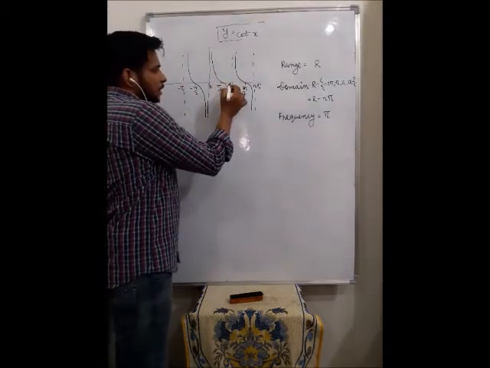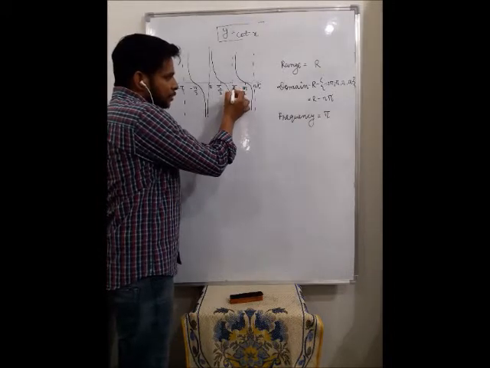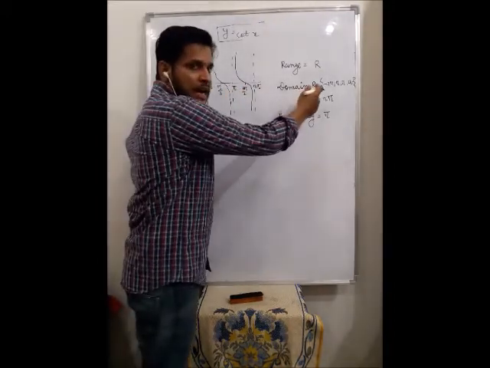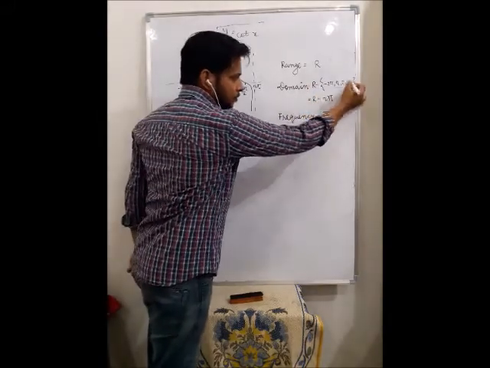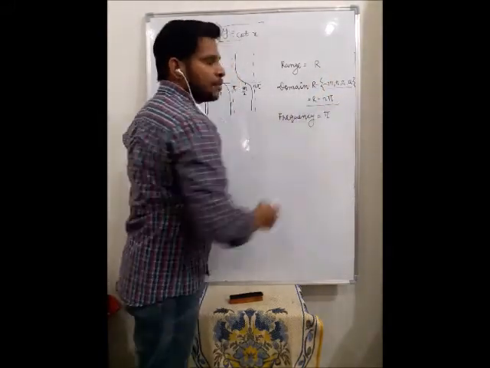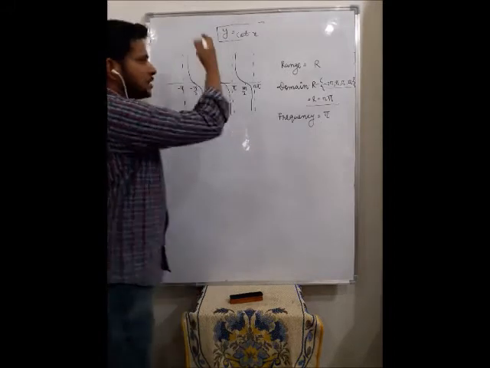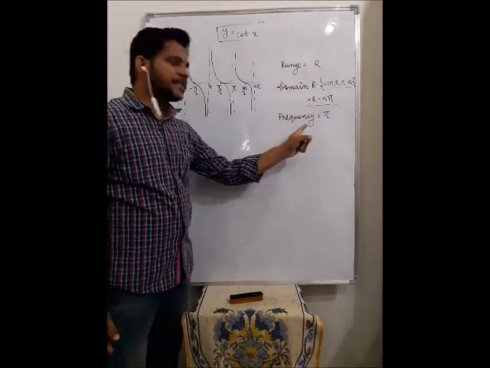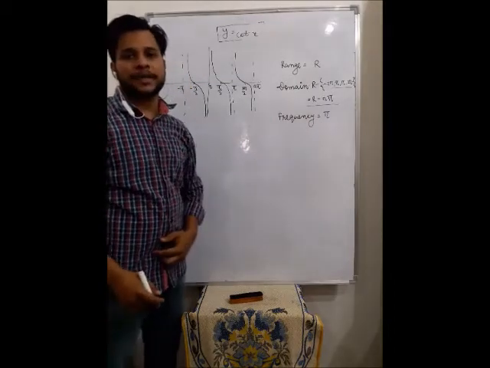And as you can see, it is not defined at pi, 2 pi and minus pi. So its domain is R, but we exclude these values. We can write it as R minus n pi, and you can see its range is all real numbers, and its frequency is also pi.